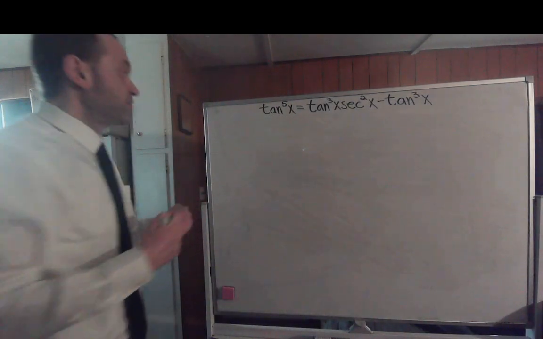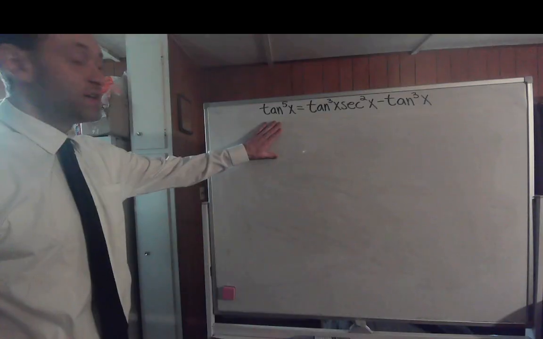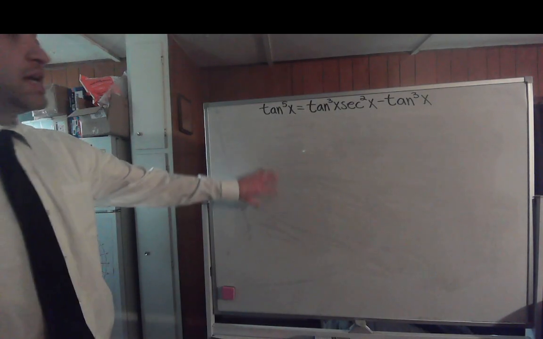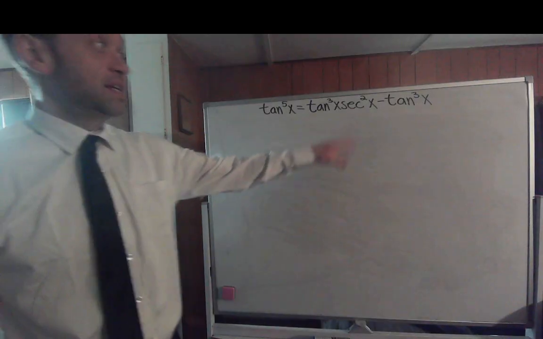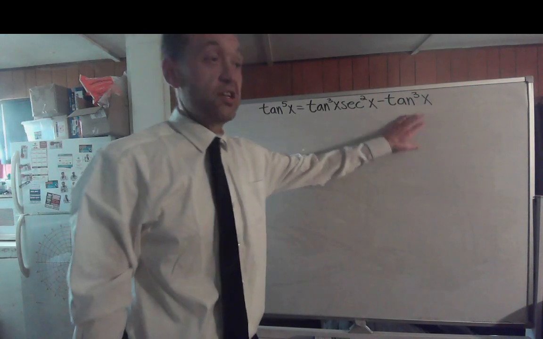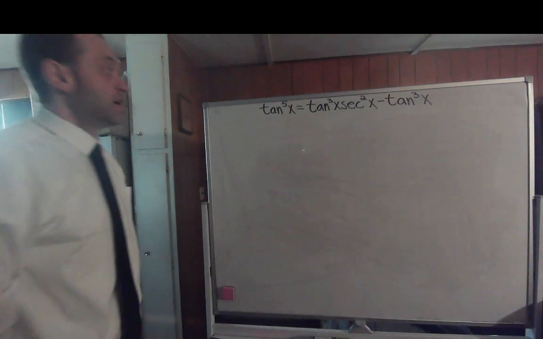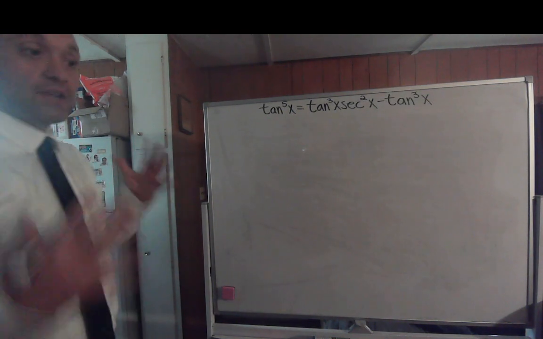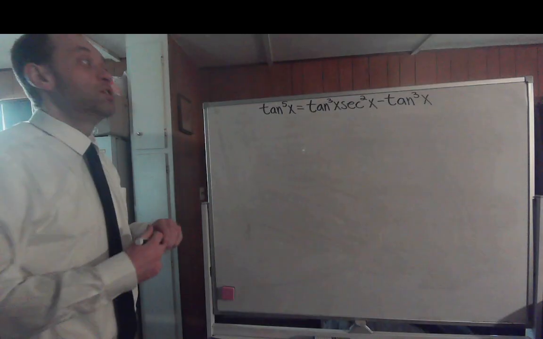Alright, so we got to verify that the tangent to the 5th of x equals the tangent cubed of x secant squared of x minus tangent cubed of x. And again, these types come up in calculus all the time.